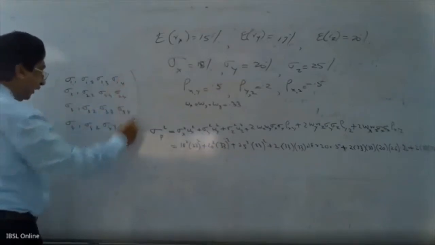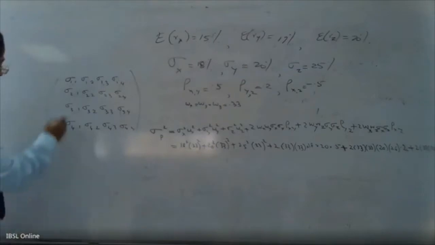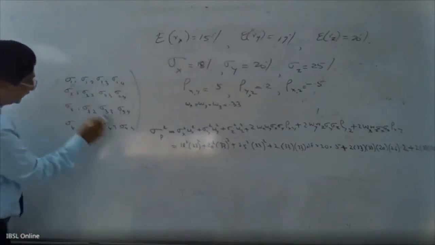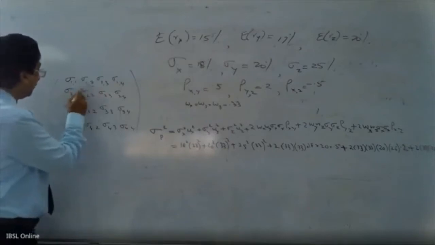Now, this is what you call the variance covariance matrix, where along the diagonal you have all the variance figures. So if you take sigma 2,1 and sigma 1,2, it's the same.